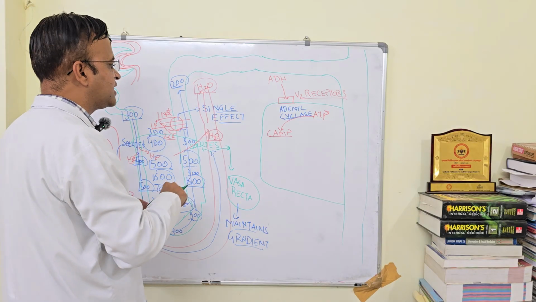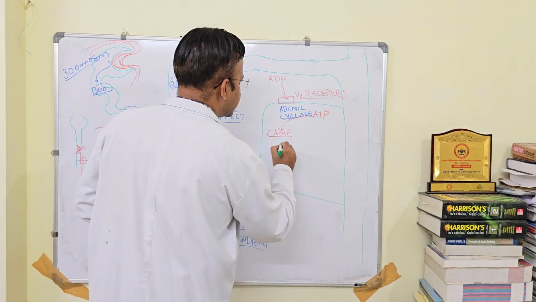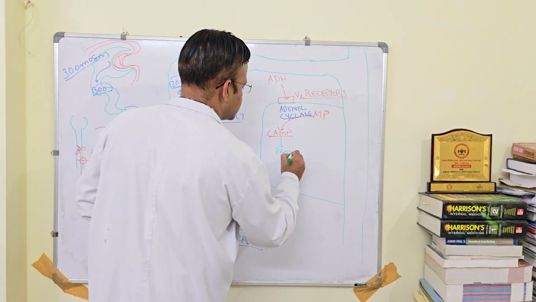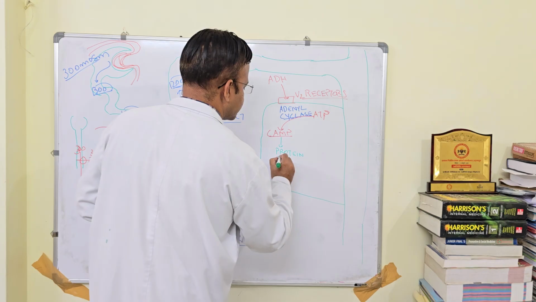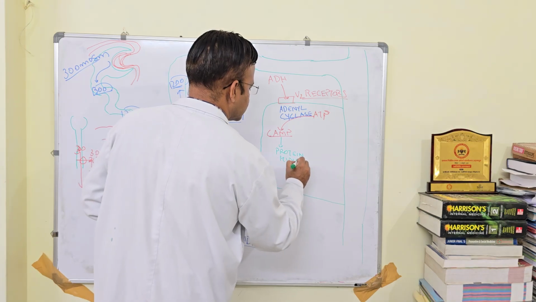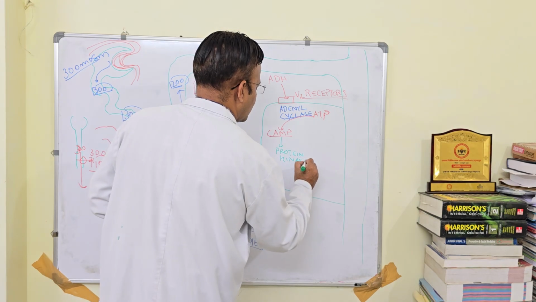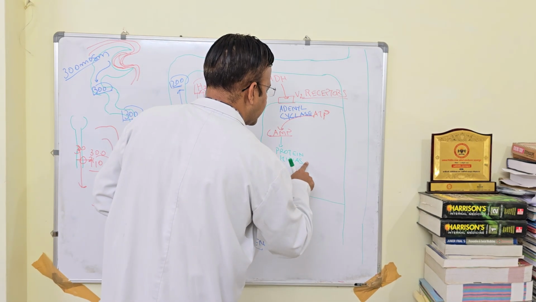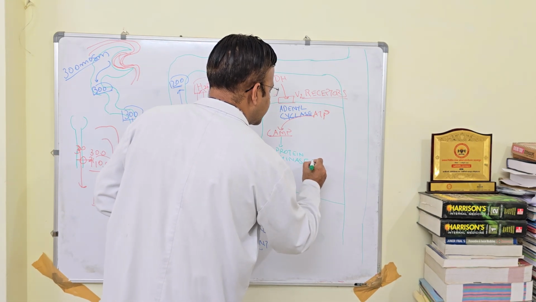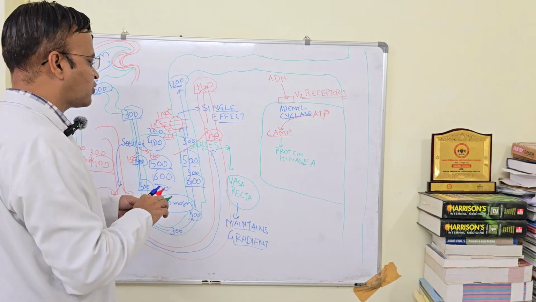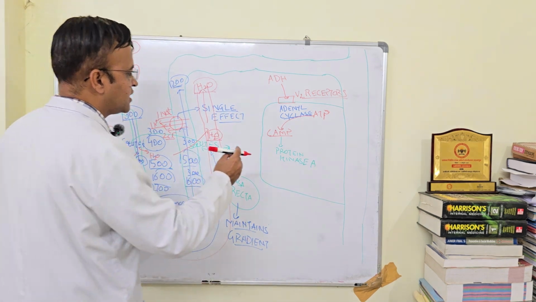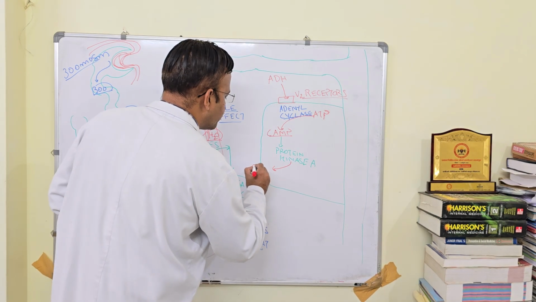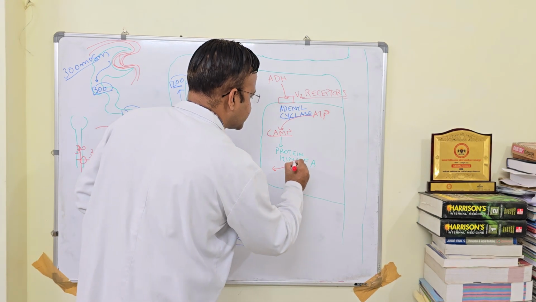Cyclic AMP will increase the level of protein kinase A. What will protein kinase A do? The protein kinase A will increase the recruitment of the aquaporin channels.